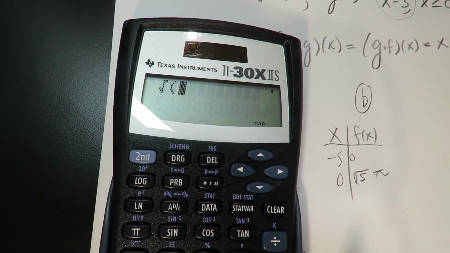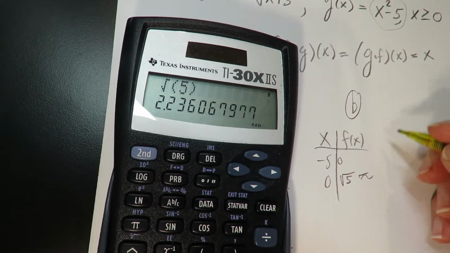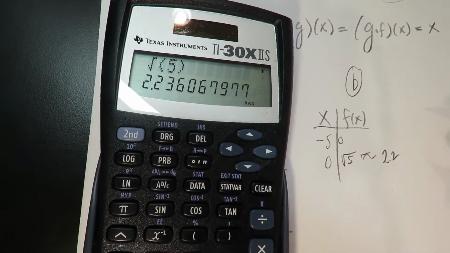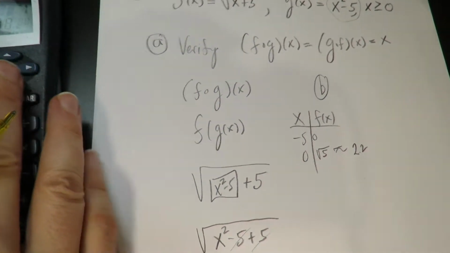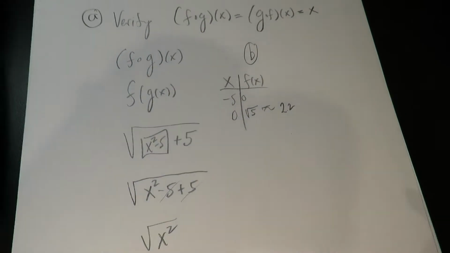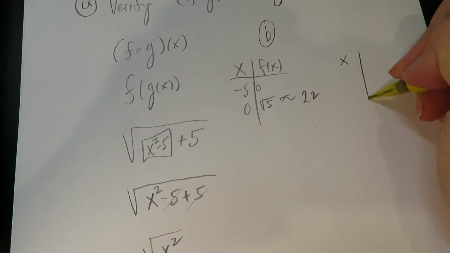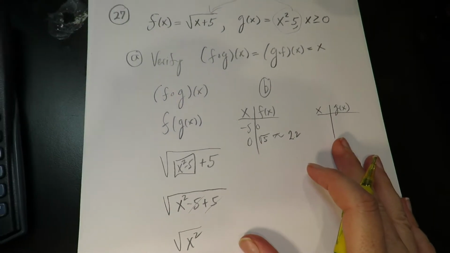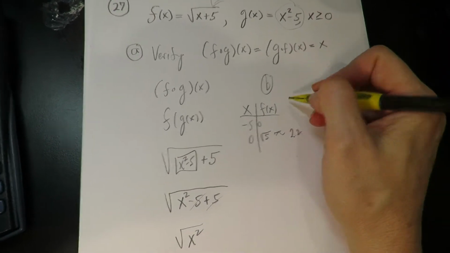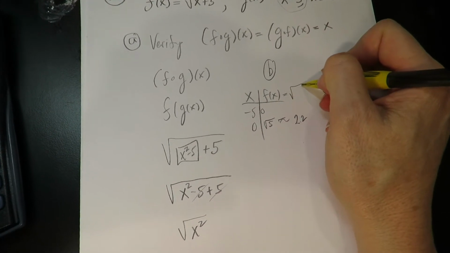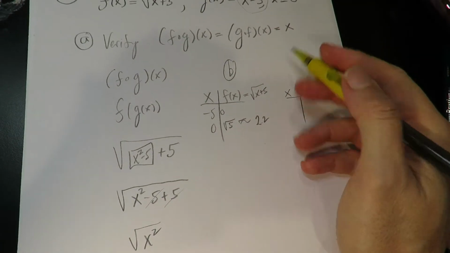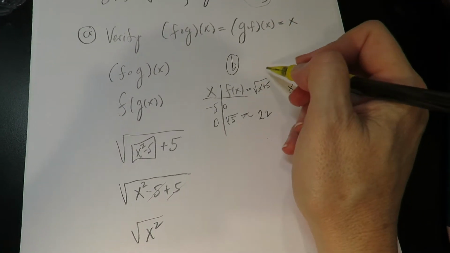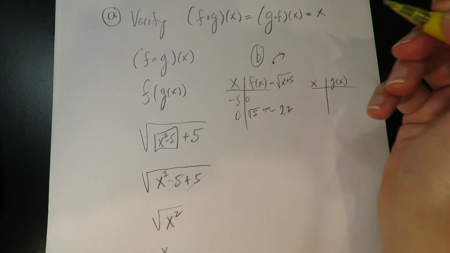So I'm going to hit the square root function, I'm going to put in a 5, and I'm going to get about, I'm just going to do 1 decimal place because it's way too difficult to graph anything farther than that. Just if you need any other thoughts here on this f function, we know that a square root function looks like a hook.